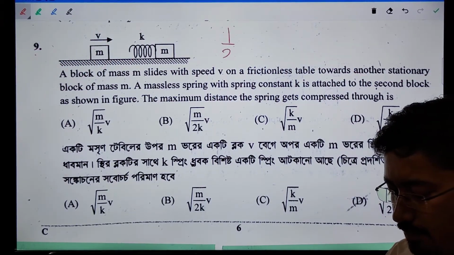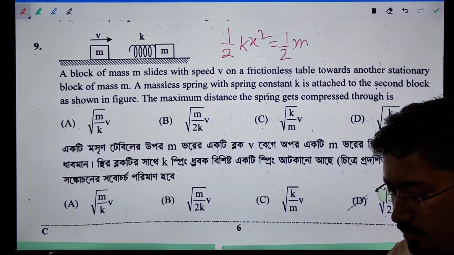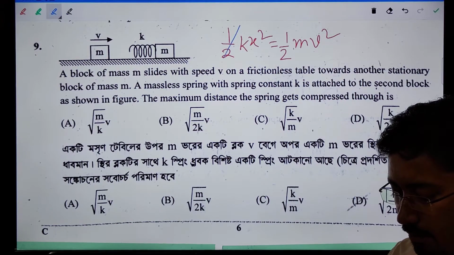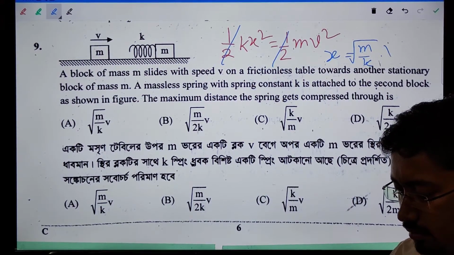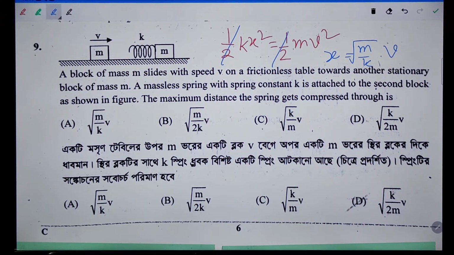If you cancel half and half, we'll get x equal to root of m by k, and outside the root we will have v. Okay, so this is the solution of this part.